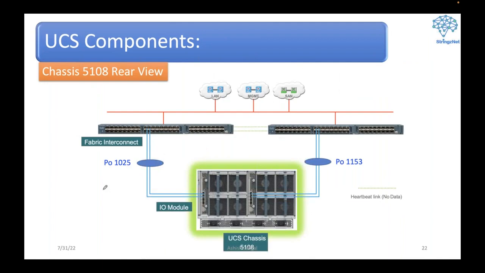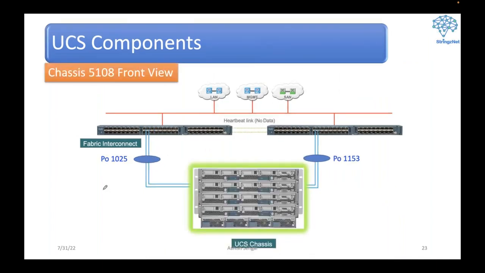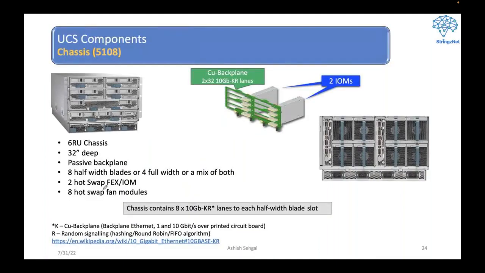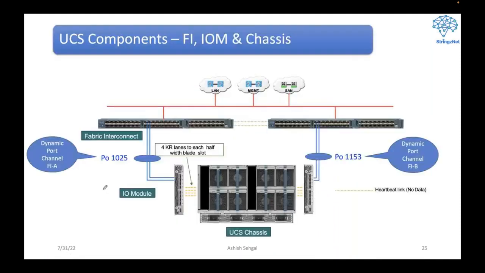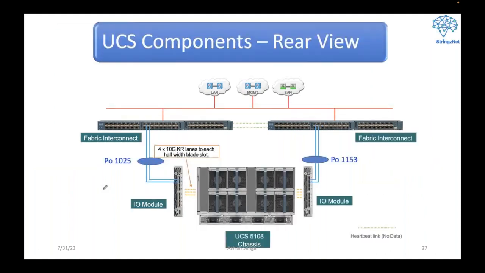The connectivity, front, rear, and a deep dive in terms of understanding the internal connectivity between those components inside a chassis, and the placement of so-called switches inside the chassis, and what we achieve out of it.